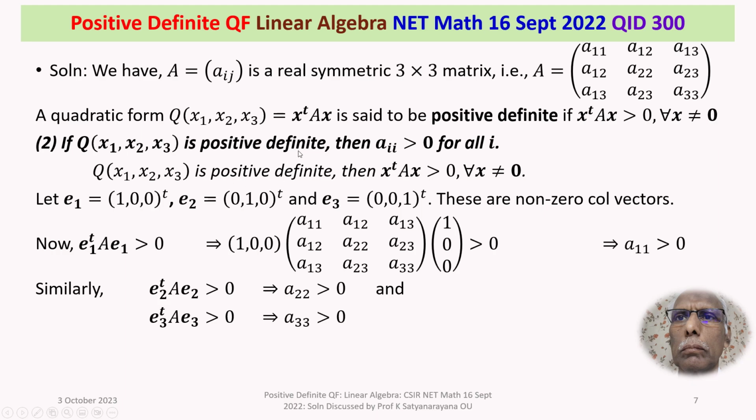When Q is a positive definite quadratic form, then the diagonal entries of A, A11, A22, A33, are all positive. Thus Aii greater than 0 for all i, and option 2 is true.